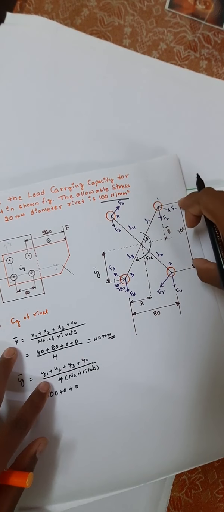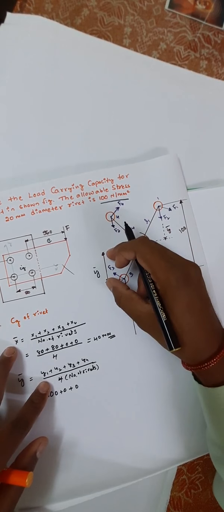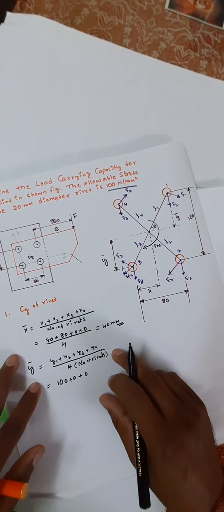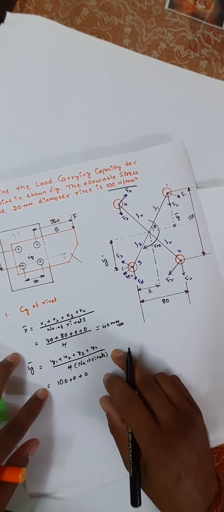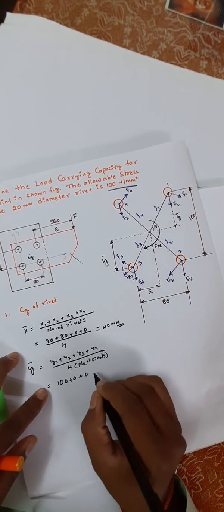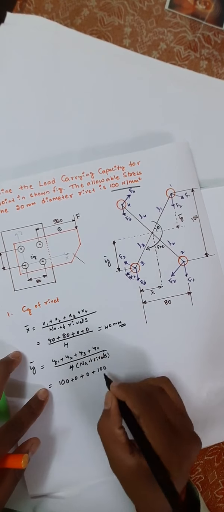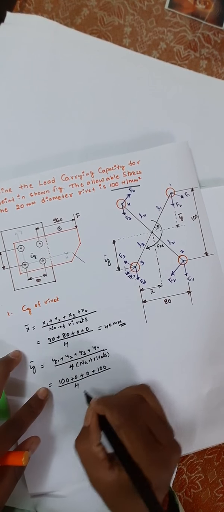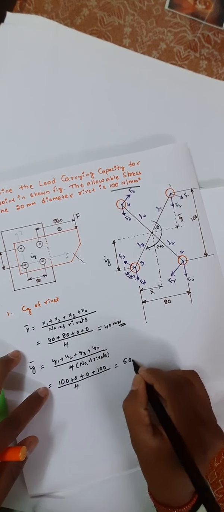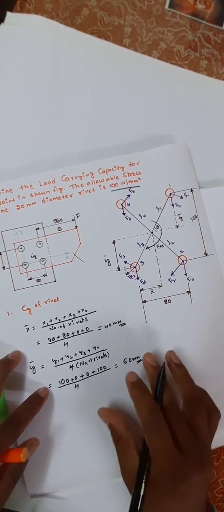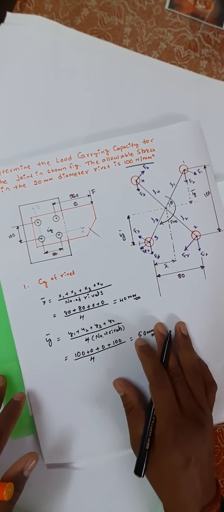This is the distance we call y dash. If you simplify this, divided by 4, we get 50 mm. This is the CG of the rivets.